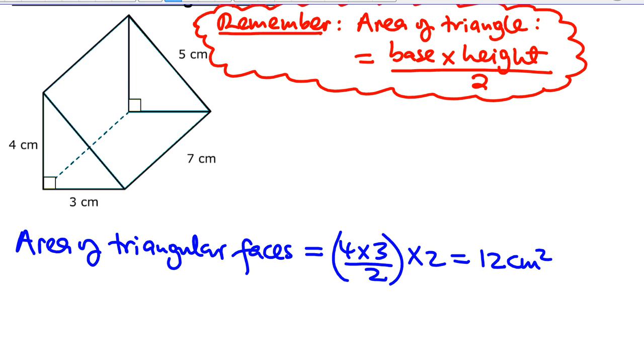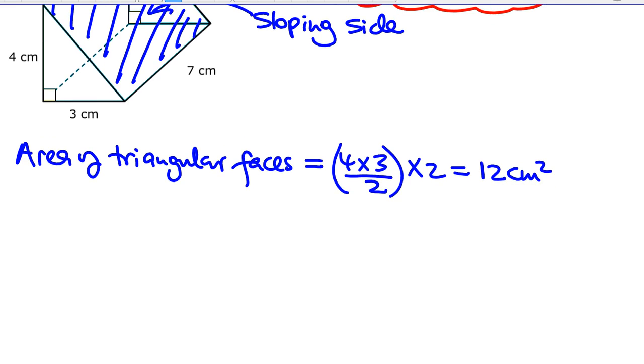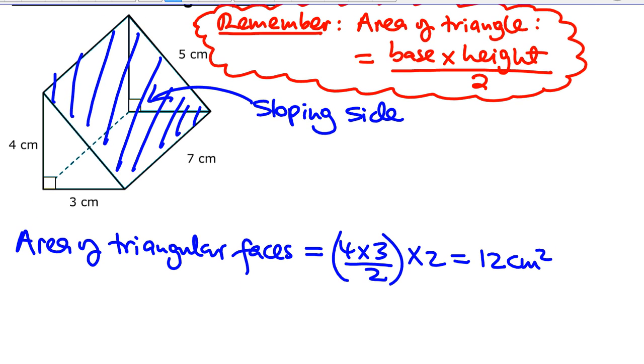Okay. The next face that I'm going to look at is the sloping side. So this one here will be my sloping side. For the sloping side, the area of the sloping side is, and by the way, this is 5.